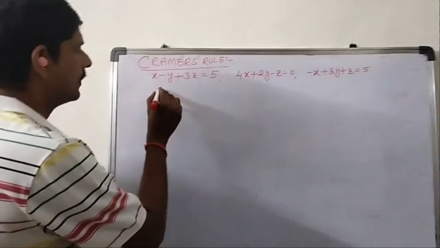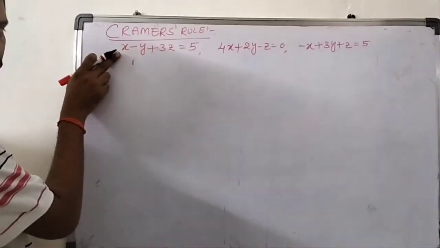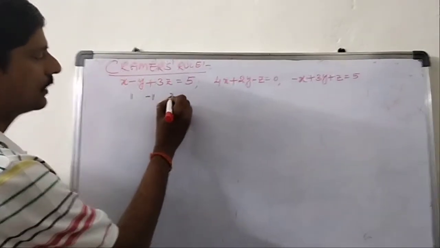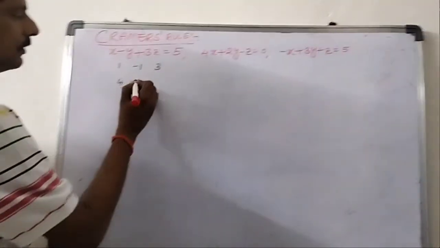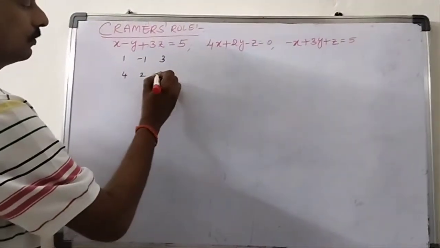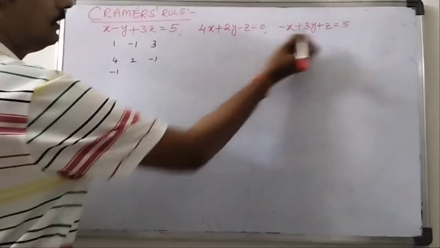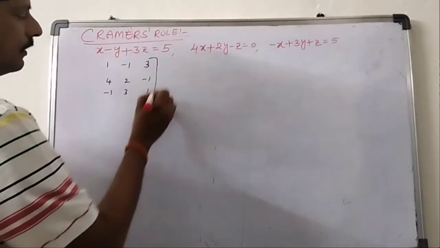For that I am writing here the coefficients of the first equation: 1, minus 1, 3. Then 4, 2, minus 1. Third equation, minus 1, 3, 1.